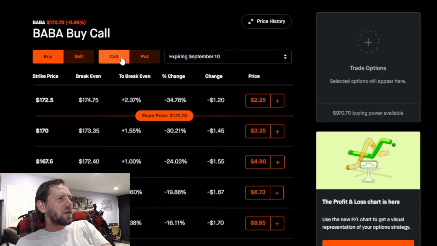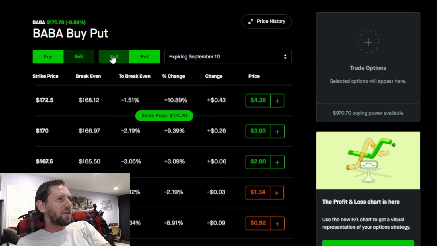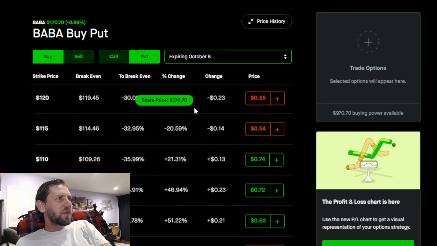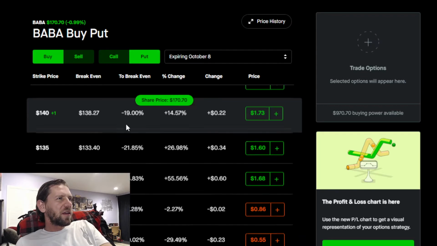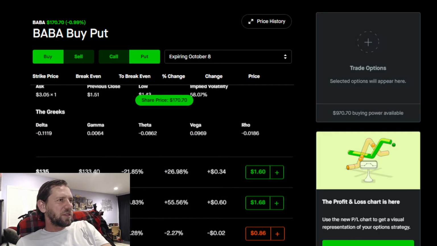So let's go to sell put, just because it's green. But in reality, okay, we'll go to buy put. And we're going to go to October 8th, was it? We're going to find the option here. You can see that I've bought one of these. I click on it, and it gives us the Greeks on the bottom. Let me see if you can see it. Yes, you can. Fantastic.